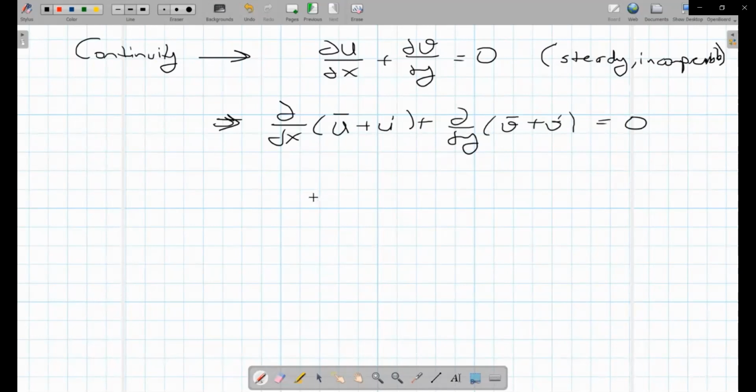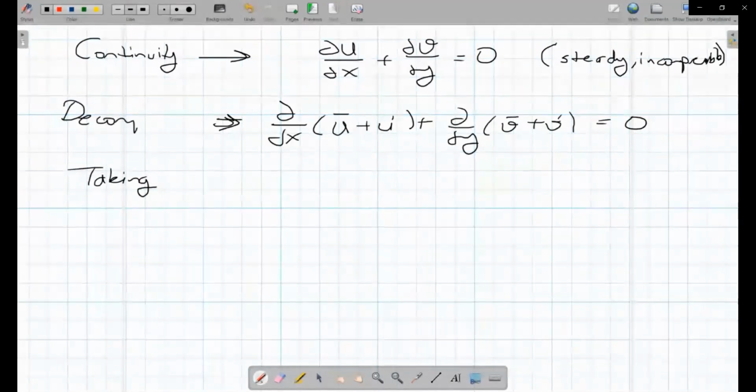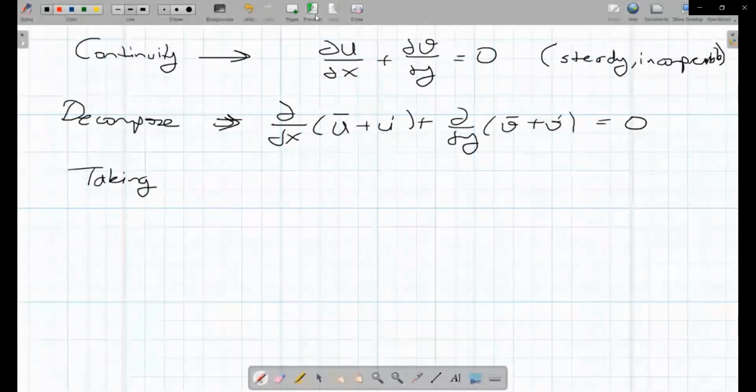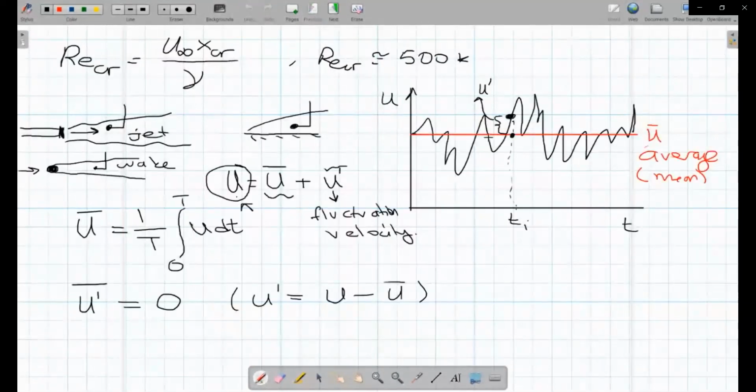Then we take the time average of this decomposed equation. So the first step is what we did, decompose. By the way, this technique of decomposing the signal, go back to the previous page, into average and fluctuation, was first proposed by Osborne Reynolds himself, the famous Reynolds.